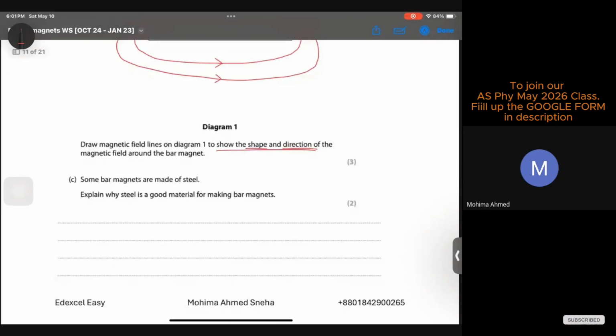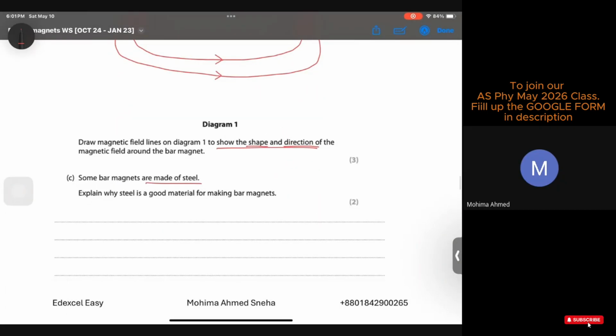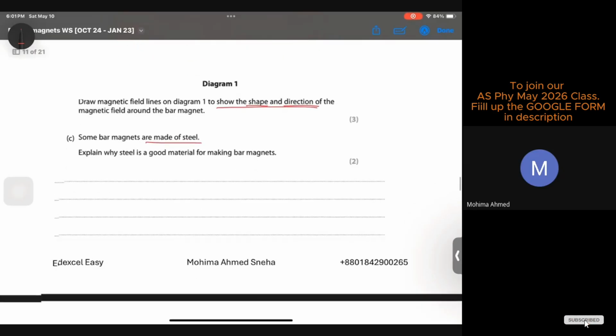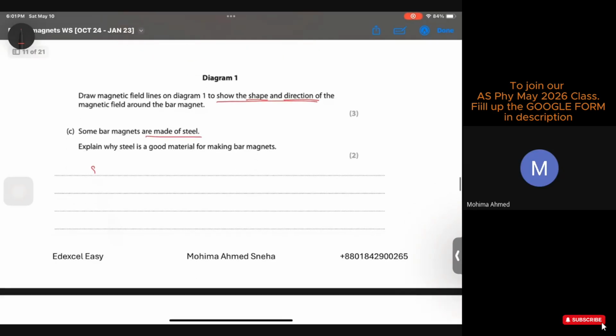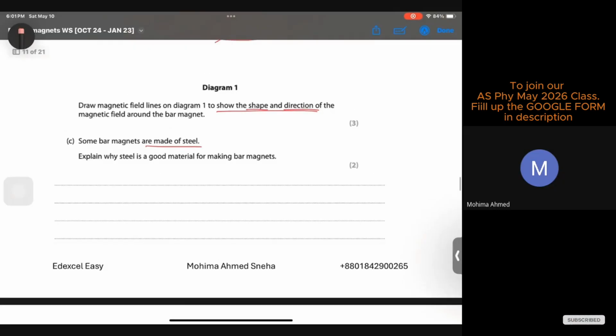Then, some bar magnets are made up of steel. Explain why steel is a good material for making a bar magnet. Because steel is a hard magnetic material, so it can stay magnetized for a long period of time.